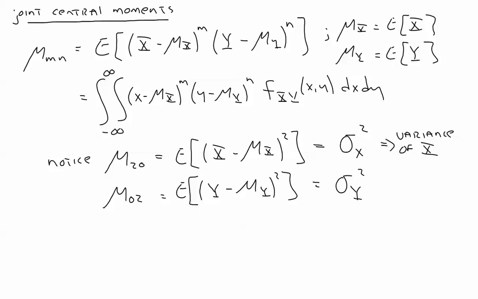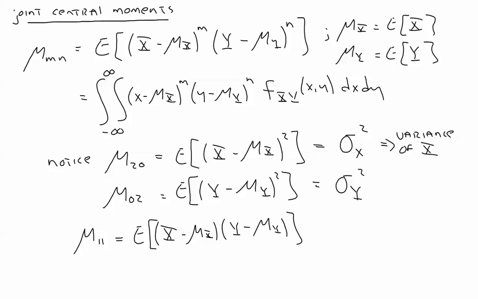Another one that we're going to be really interested in is mu 1,1. Mu 1,1 is going to be the expected value of x minus mu x times y minus mu y.